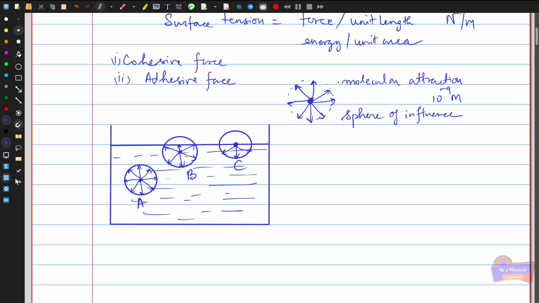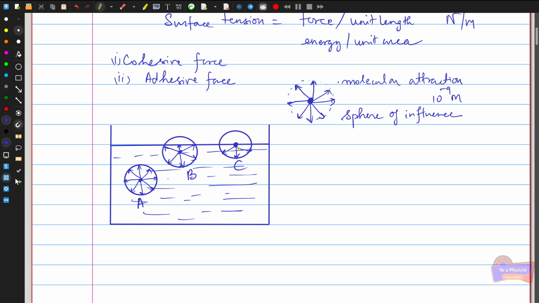The air molecules exert a very negligible adhesive force on molecule B. Therefore, the cohesive forces due to the molecules in the liquid remain unbalanced, and the net force acting on this molecule is downwards, because all the molecular attraction is due to the water. So molecule B experiences a force in the downward direction.